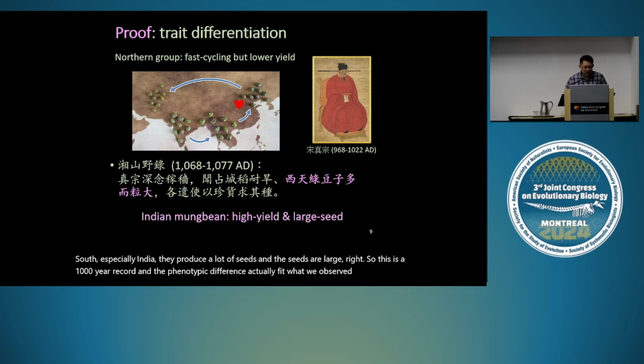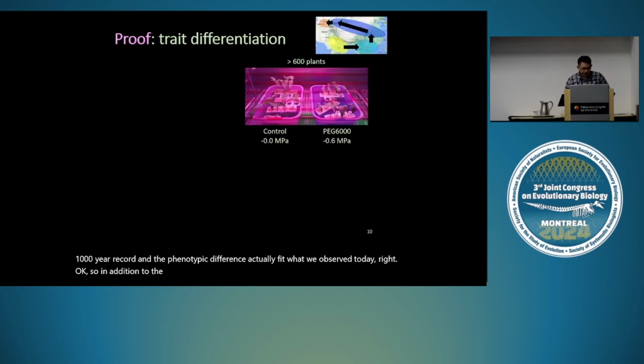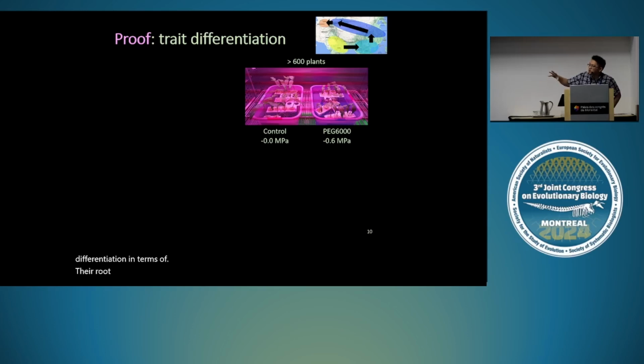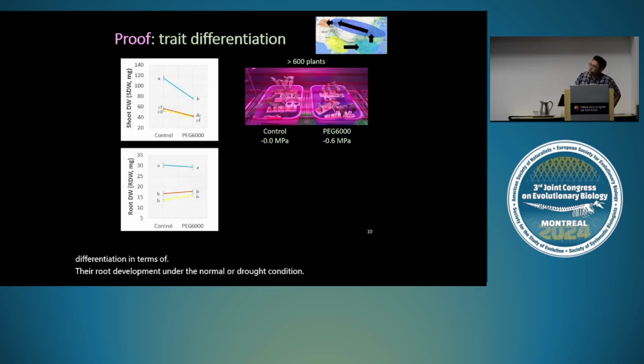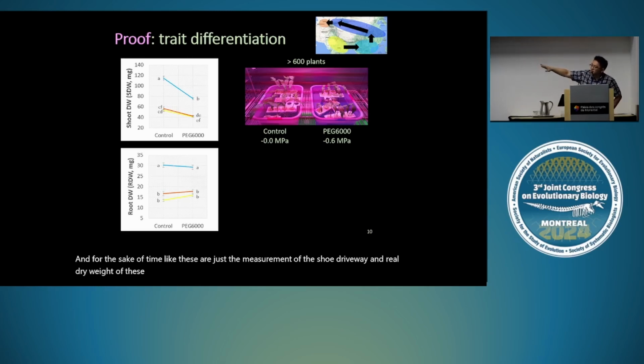Okay. So in addition to the farm phenotype, we also started to look at trait differentiation in terms of root development under normal or drought conditions. For the sake of time, these are just the measurements of shoot dry weight and root dry weight of the different populations, but they do not really show why this orange Central Asian population is different.